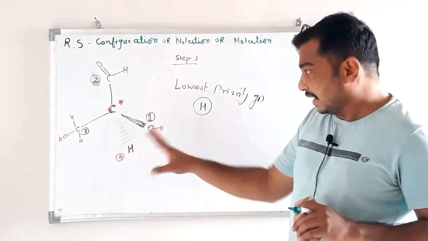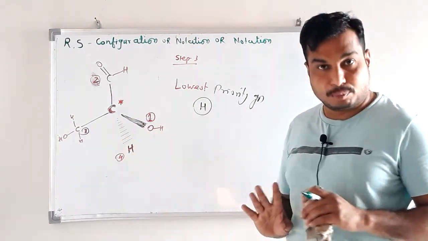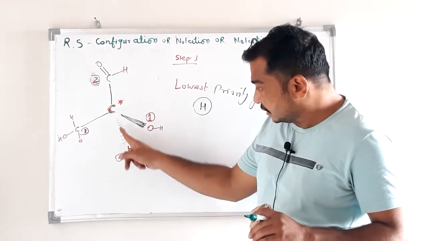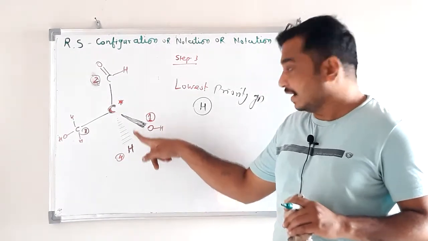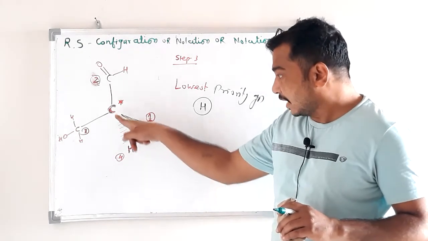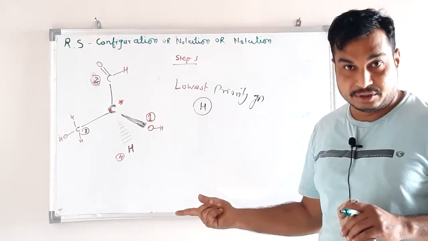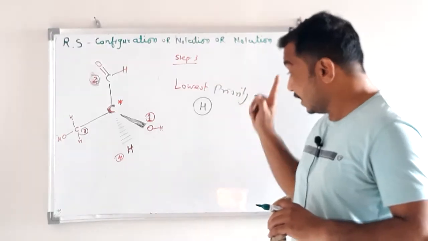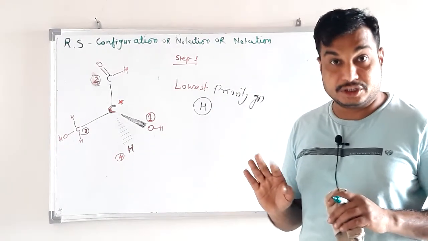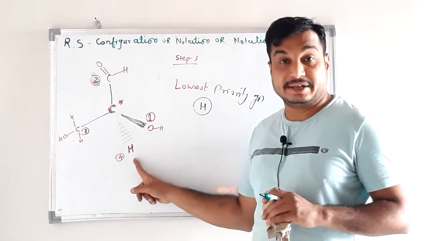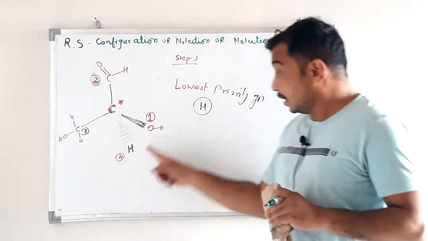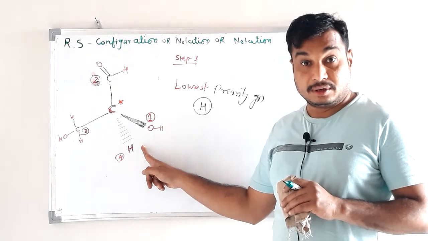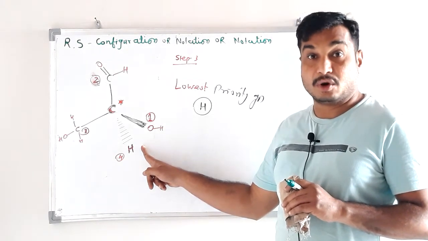So we can identify it by this notation of bond. The group attached to this carbon by a dash bond is on the back side. So the lowest priority group is on the back side. That is what we want. So that care we have to take, otherwise it will be wrong.